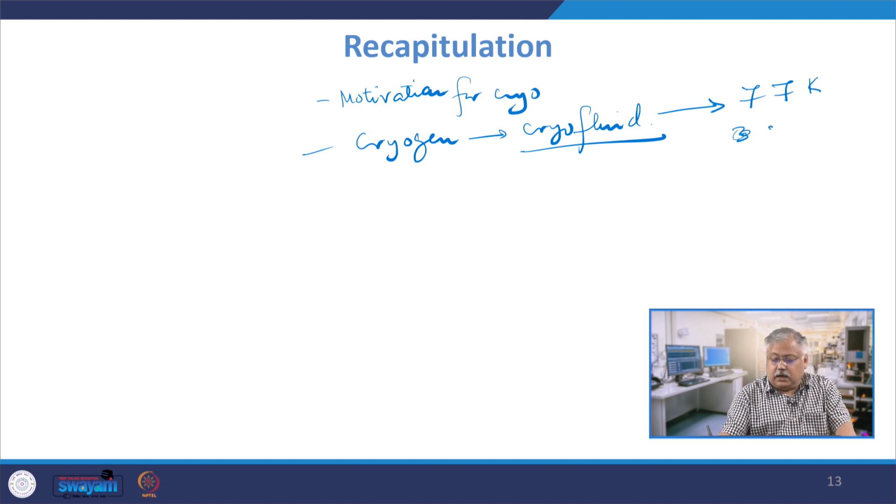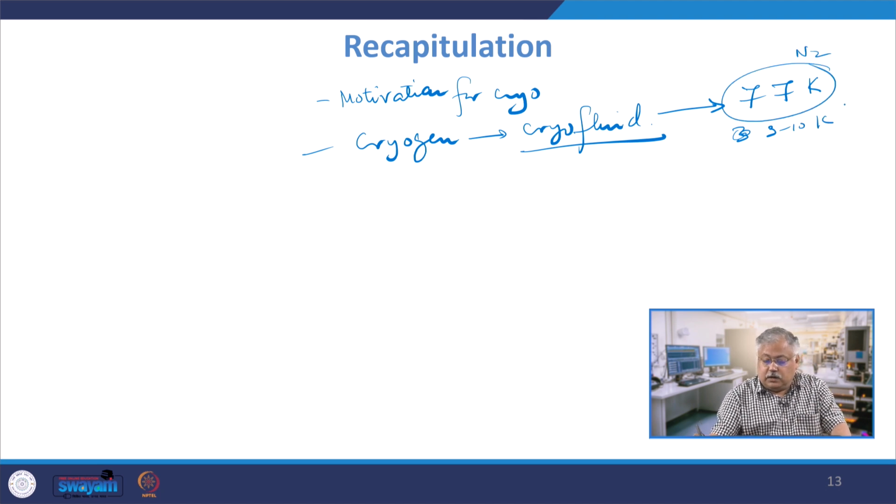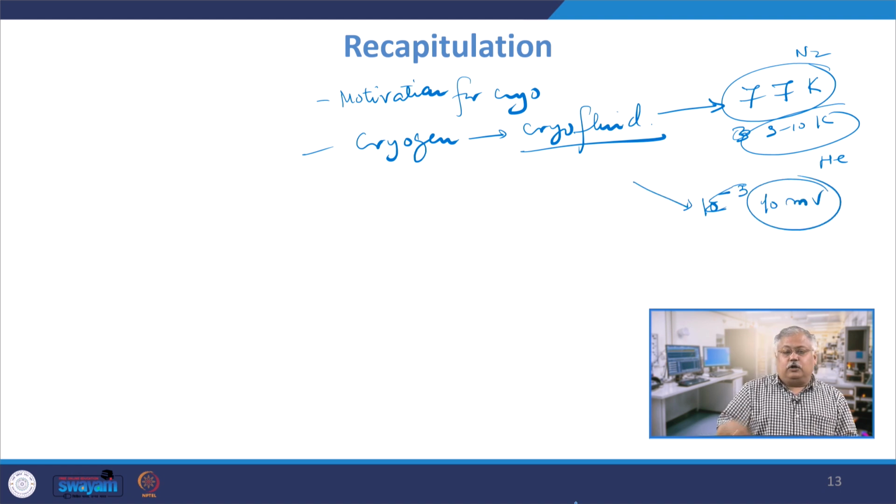This is liquid nitrogen, liquid helium, and then if you go further down, you will also have 10 millikelvin where you require it. I also showed you the various types of cryogen, and I showed you an actual cryostat measurement setup and the various functionalities of the equipment in the measurement setup.